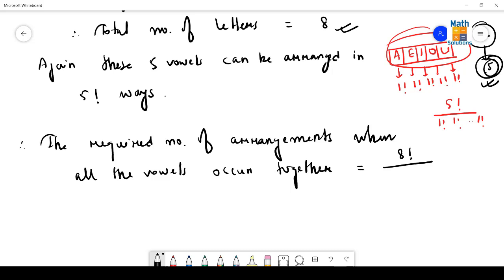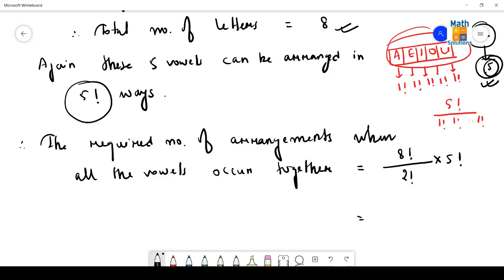And there we already got that there is repetition with the letter T only. So in the denominator part we need to write 2 factorial. And again, by the fundamental principle of multiplication, I have to multiply this term 5 factorial with it, because we have to consider the arrangement of the vowels also.